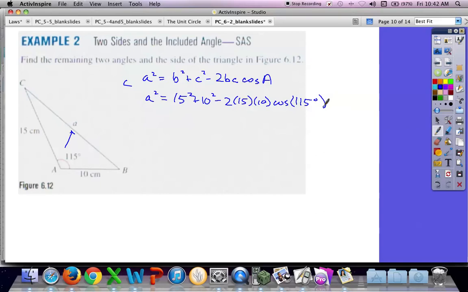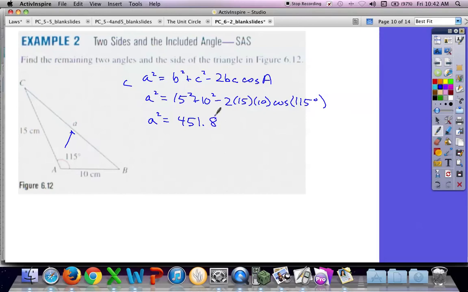And you could put all that in the calculator in one step. Right? 15 squared plus 10 squared minus 2 times 15 times 10 times cosine of 115. 451.8. A squared equals 451.8.